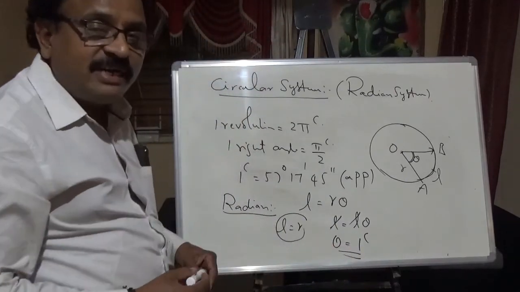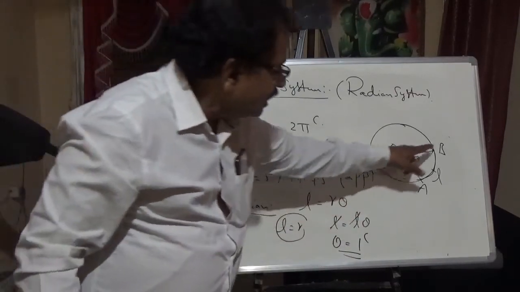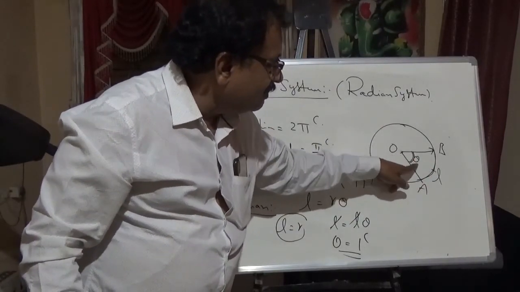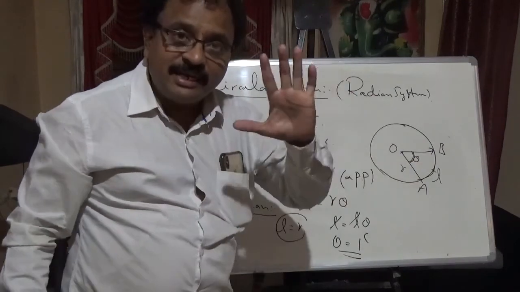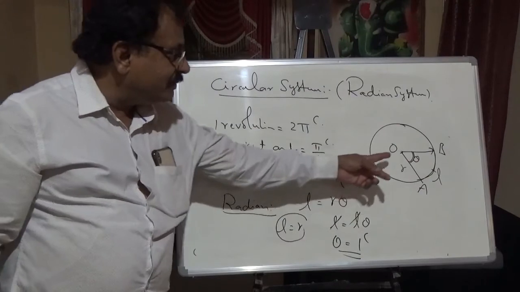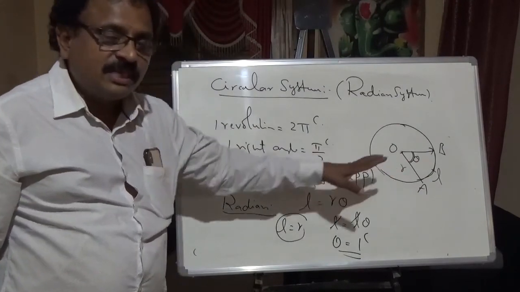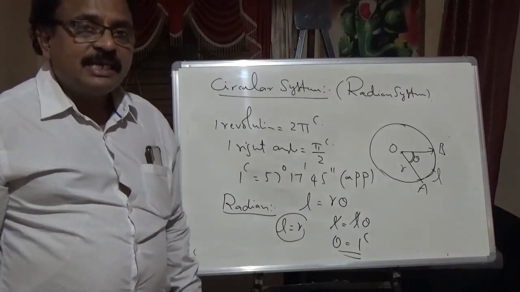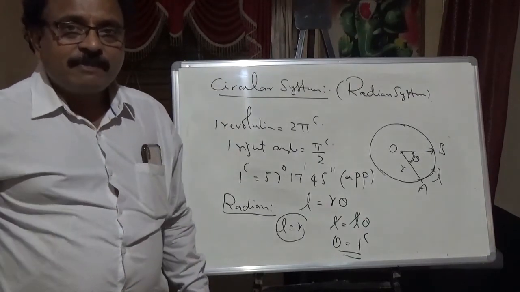So the definition of radian is when length of arc and radius are equal, whatever angle we get here, that angle is called radian. This is the definition of radian. So in total there are 3 systems.